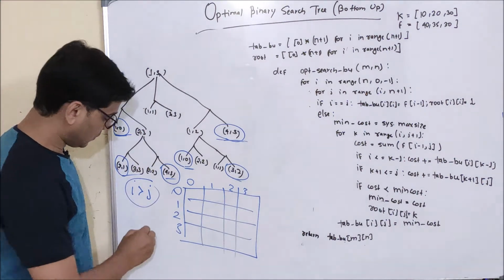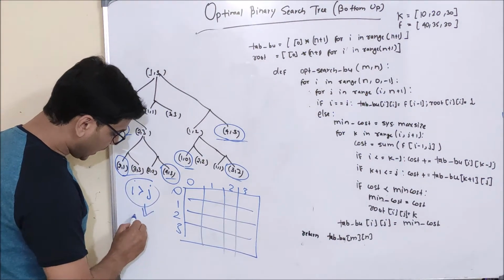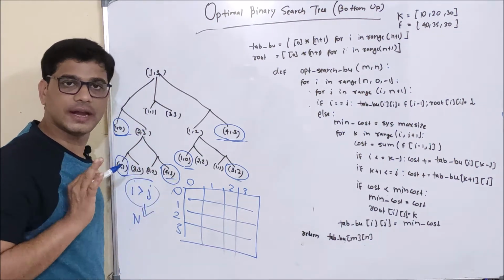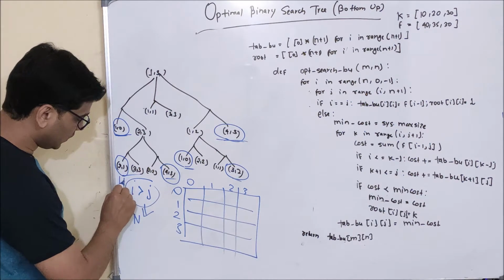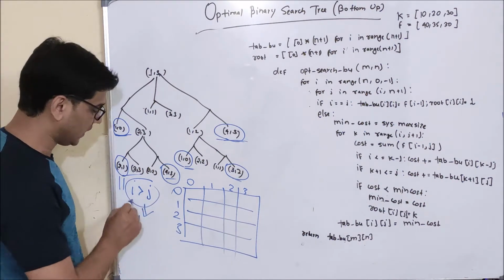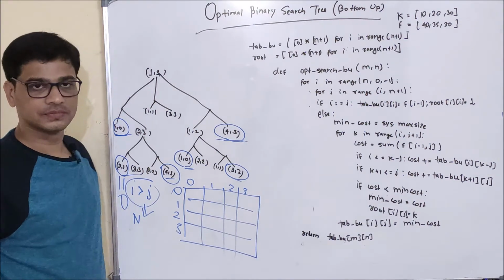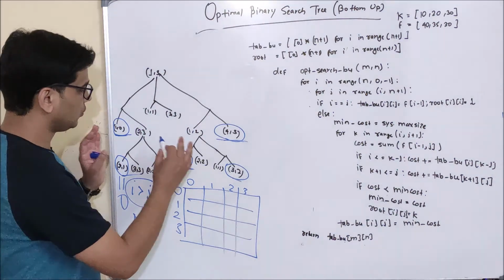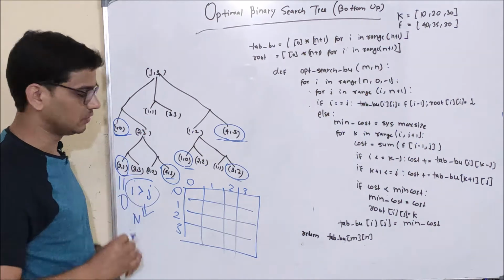Why? Because either it is not a valid left subtree or not a valid right subtree. And we know if i is greater than j, then answer is 0. So just ignore i greater than j. Now let's do some analysis here.